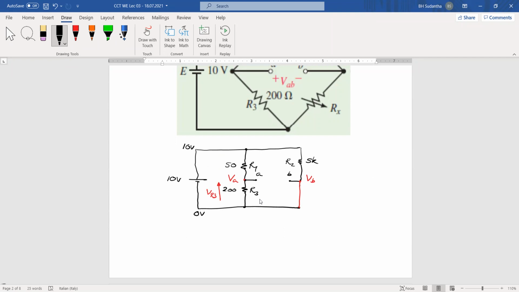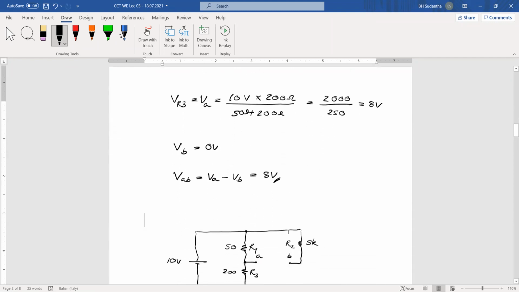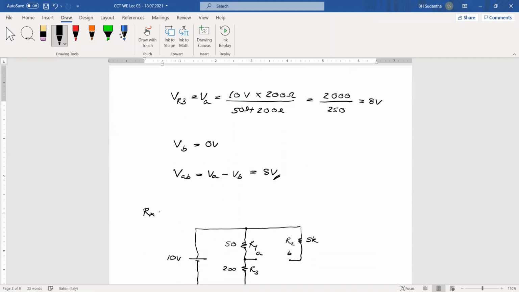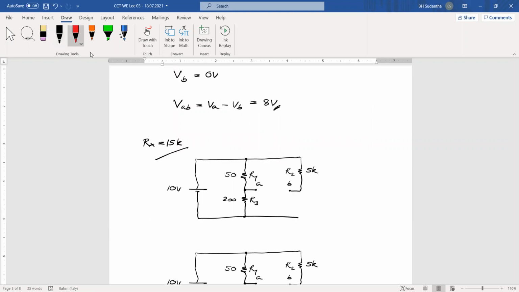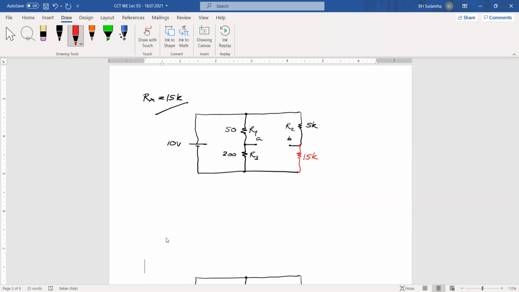This is Rx equals 0. And this one, Rx equals 15K. There we have this 15K resistor added here. Now for VA, there is no difference, that is the previous value, 8 volts.